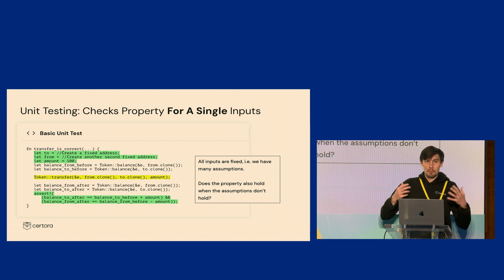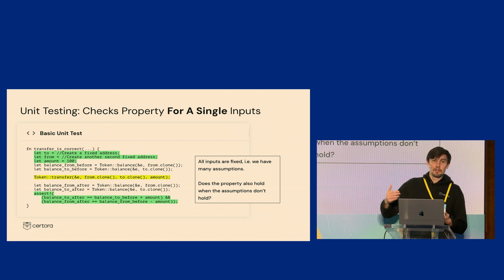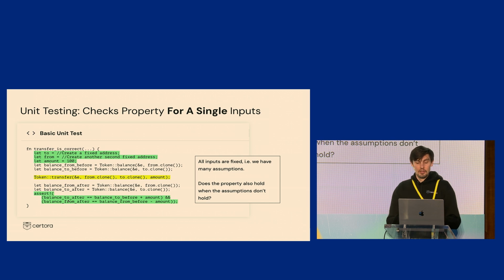You specify them explicitly, for instance a fixed to address and a fixed from address. At the end you add an assert: for the transfer function, the balance of to increases by exactly amount, and the balance of from reduces by exactly amount.